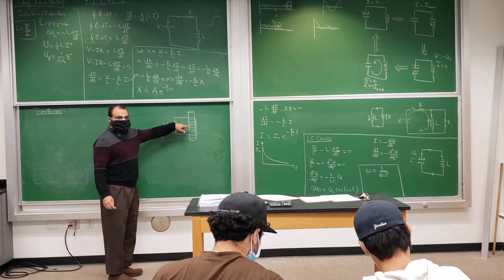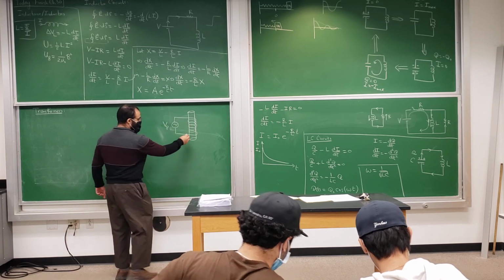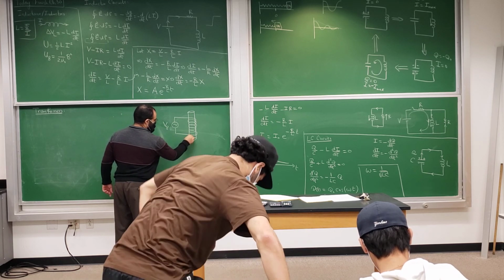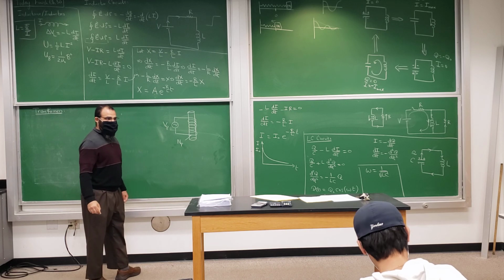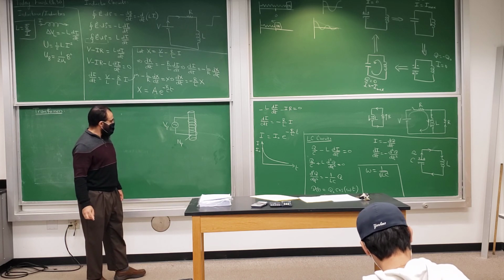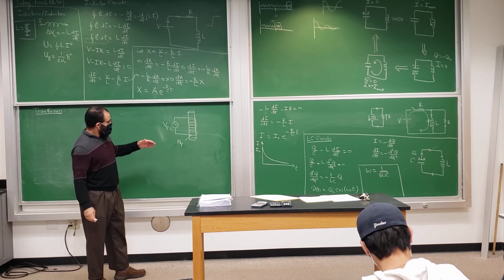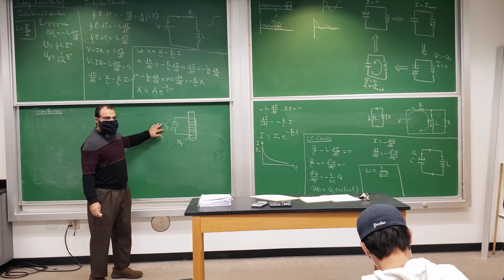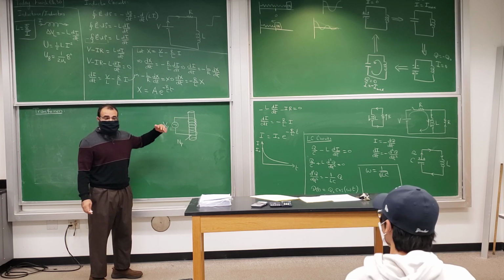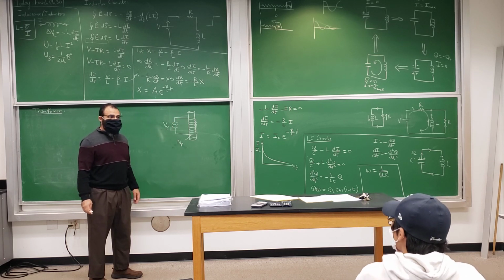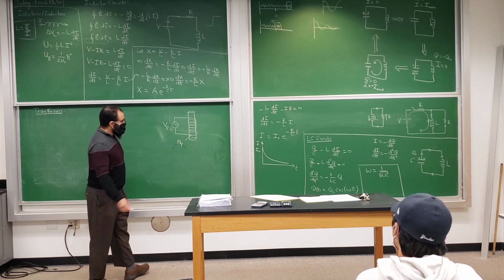There are a number of loops here, so the number of loops in the primary is NP. Now, let's say this is 220 or 120. I want to step it up and make it 220, or maybe I step it down and make it 50 or 70 or something. So here's how we do it.